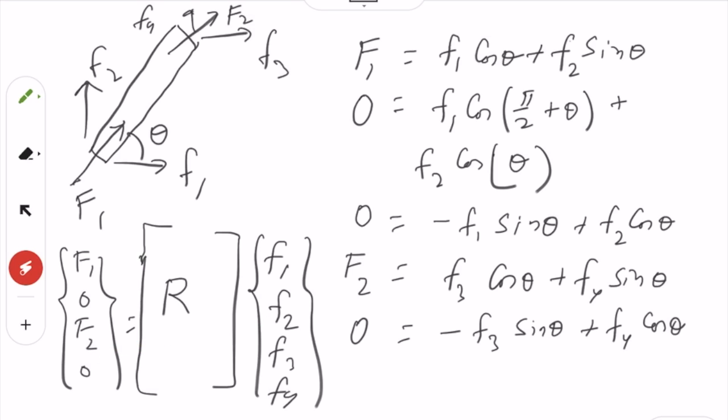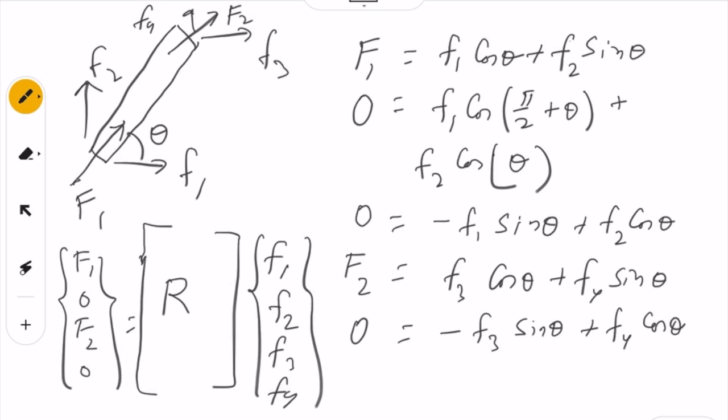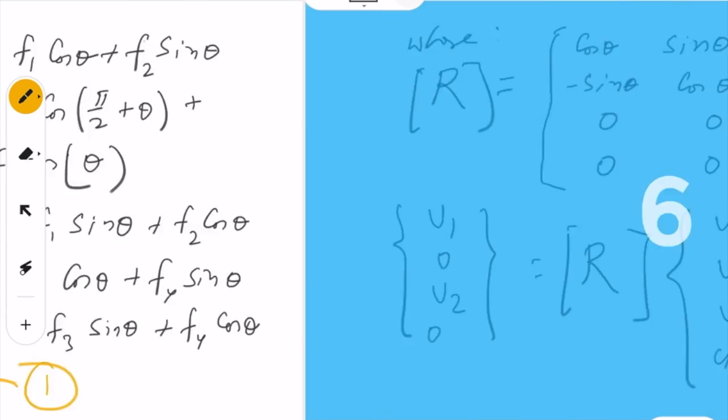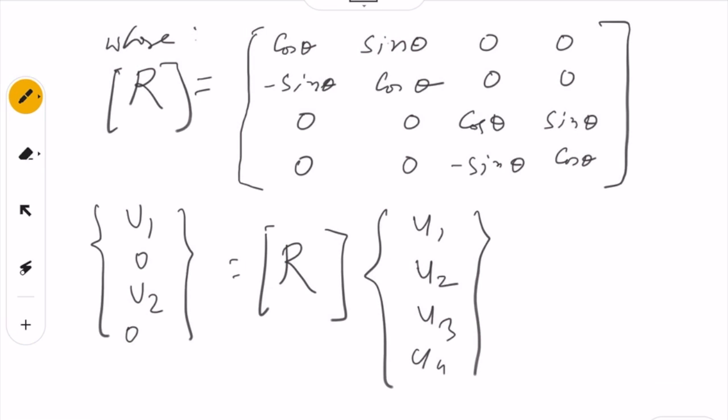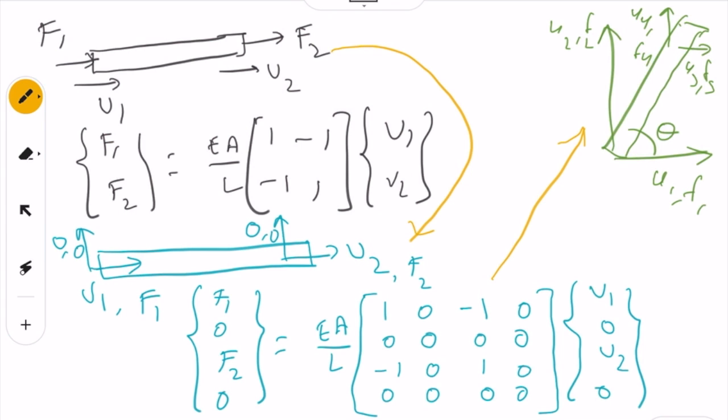So let's number it. Let's call this equation number 1, then we have this equation, let's call number 2, then we have this equation as well, let's call number 3.